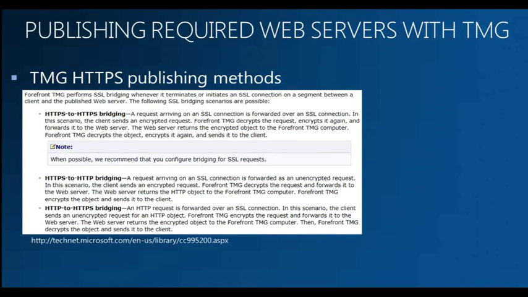Then it re-encrypts using TMG's own certificate. The main problem lies there, because in that case, those enrollment point servers think that all the client connections are coming from the same device, meaning TMG.